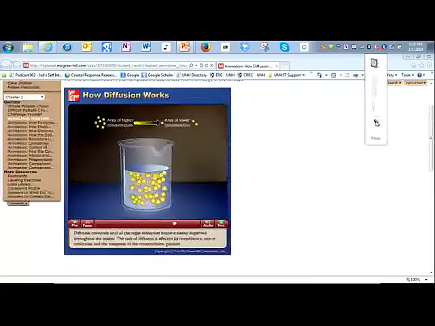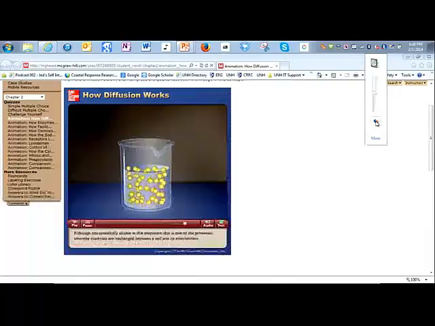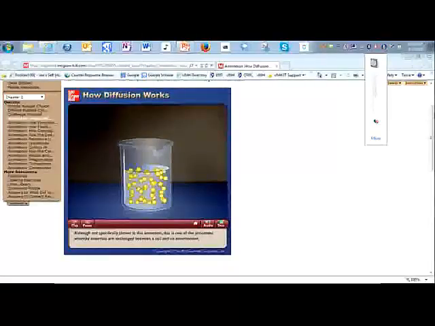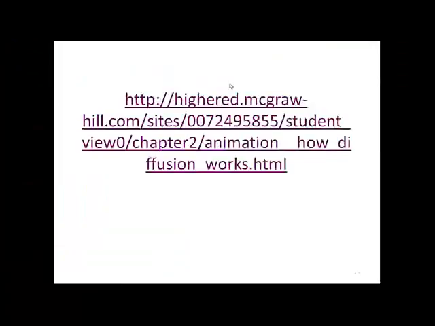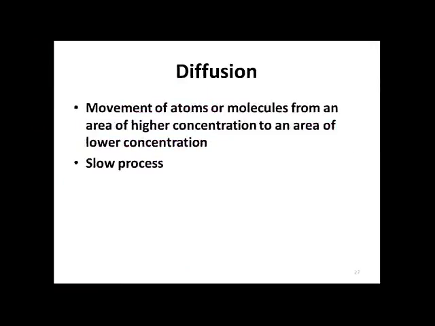Everybody clear on that? So what governs this process of diffusion is the molecules and their energy, and they're moving from an area of high concentration of themselves to an area of low concentration of themselves. That's molecular diffusion. And molecular diffusion is very, very slow.